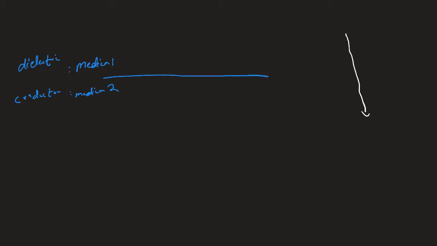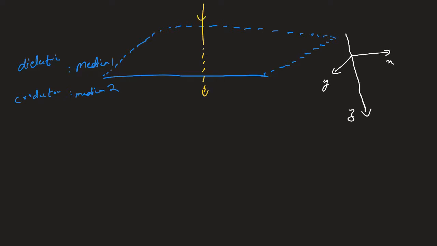The positive z direction would be going from medium 1 to medium 2. The x-axis would be parallel to the surface, and the y-axis would point out of the plane of the page. You can imagine that the interface is of course a surface, not just a line, and so I'll try to represent this surface like that. And what we'll have is electromagnetic waves that are incident and then are transmitted through.